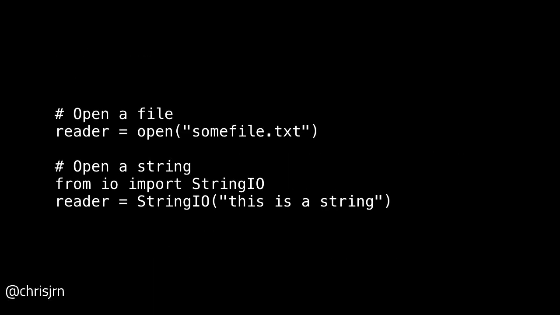So let's look at how we construct things in Python. When you construct things in Java, for example, you want to construct an object, you go new that object. But in Python, well, we've got the open built in, which opens a file. And the second is the string IO object.